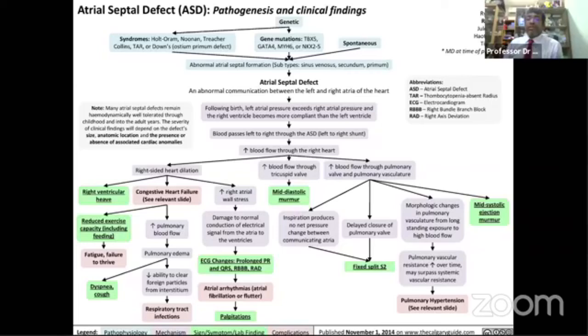I will show what type of device we usually use to close the ASD. This is the device closure. So in case of secundum type, device closure is the treatment of choice.